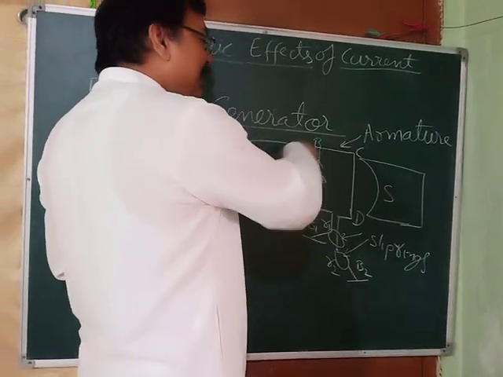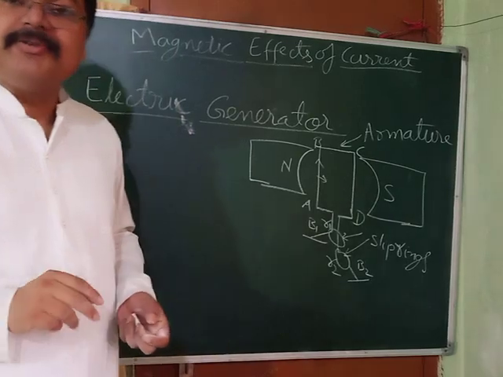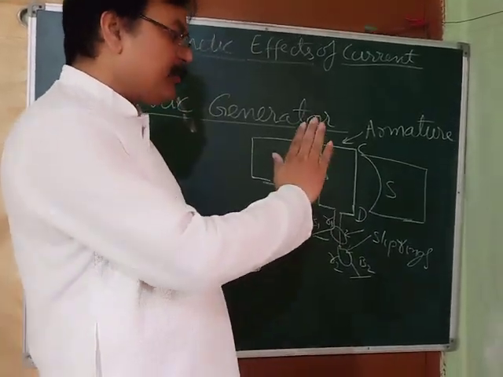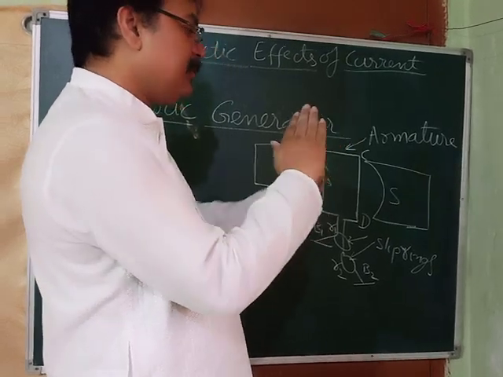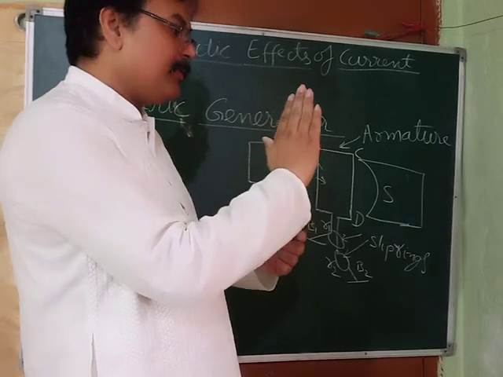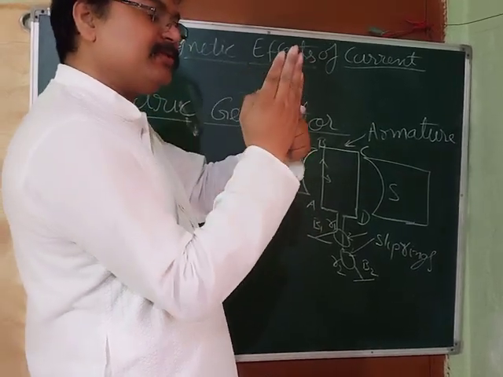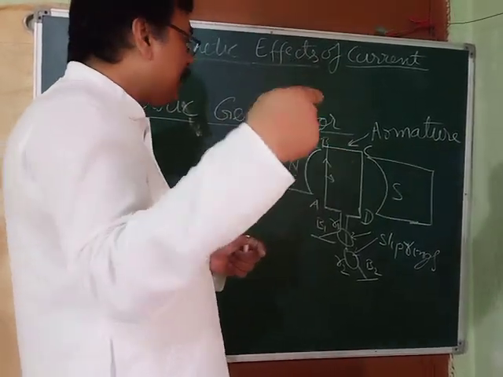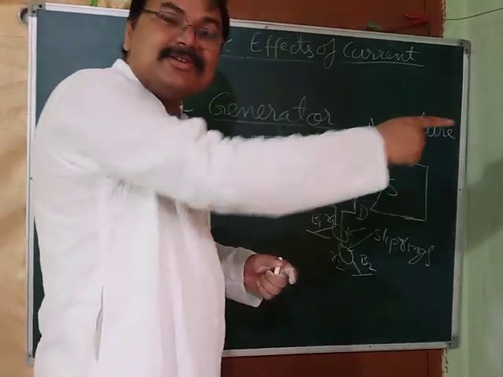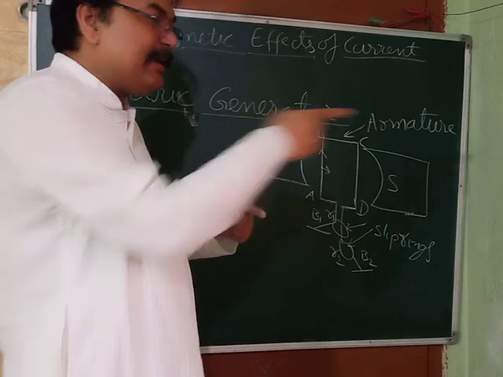Okay. What about this part? This part is along the direction of the magnetic field, so no current will be produced. Okay. What about this part? See, when you are rotating like this, flipping like this, this part is going inward, inside. Getting my point? When you are rotating like this, this is coming outside and this is going inside. So the direction of motion is inside, but the magnetic field is in that direction.